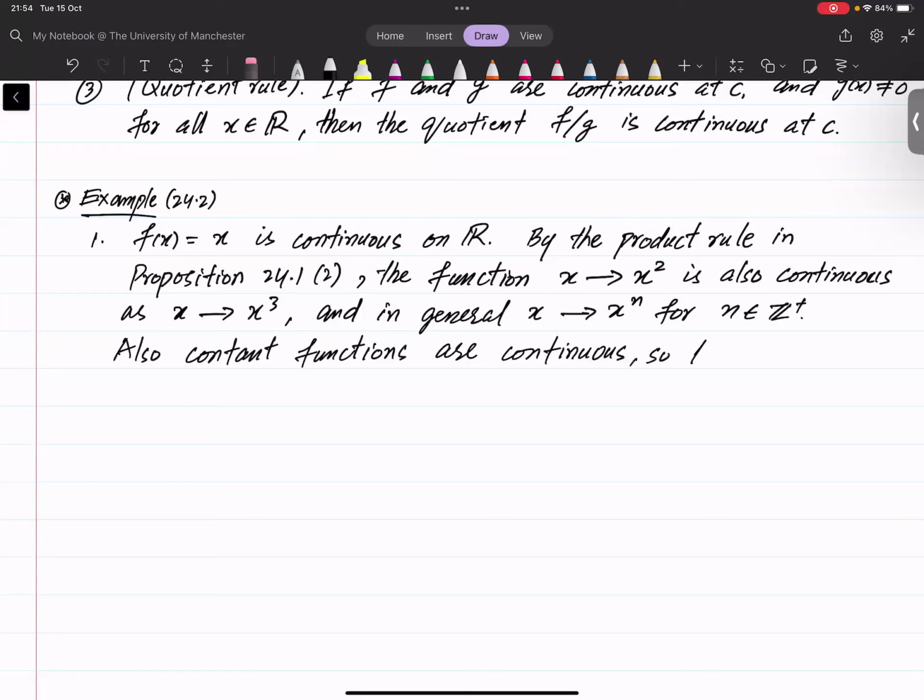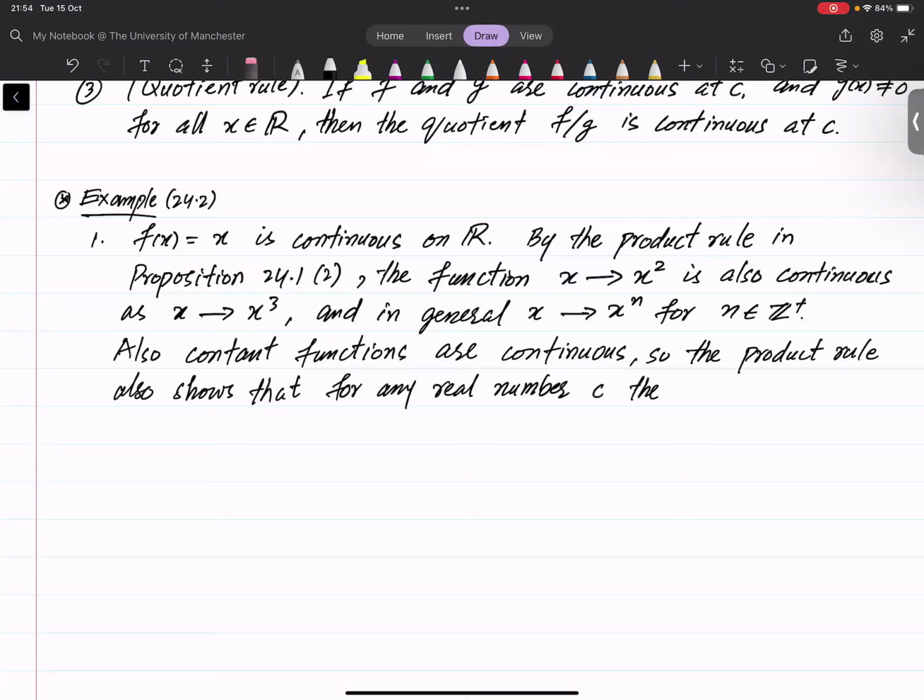So the product rule also shows that for any real number C, the function x to c times x power n is continuous.